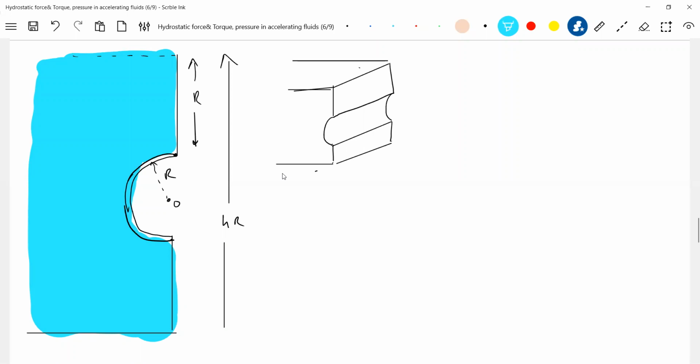Here you have a liquid. Because it's a 3D diagram, you're supposed to assume it like this. So there's one diagram I'm helping you with. So what is a gate? This is a gate.